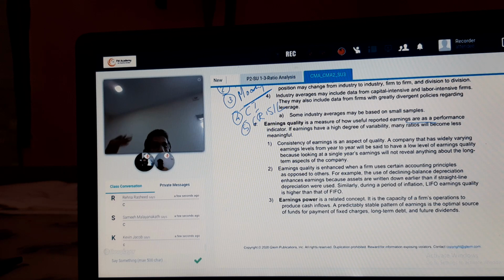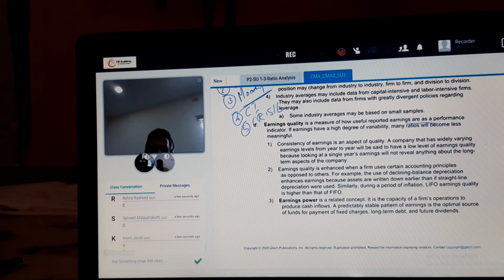So the earnings quality will be better if you use that earnings power, earnings before interest and taxation. Just adding back interest will not be helpful because interest is really distorting the taxation also. So you have to take earnings before interest and taxation to really see the earnings power of the company, right?